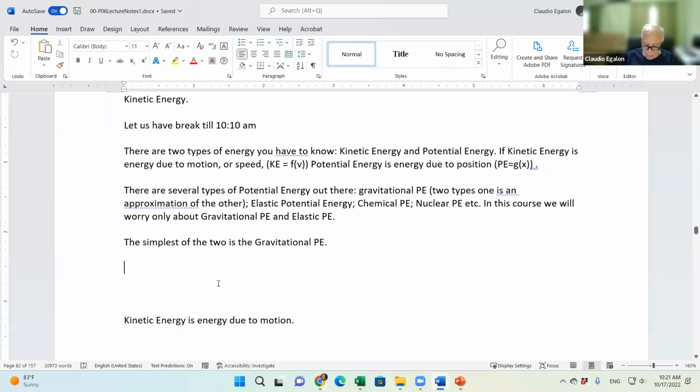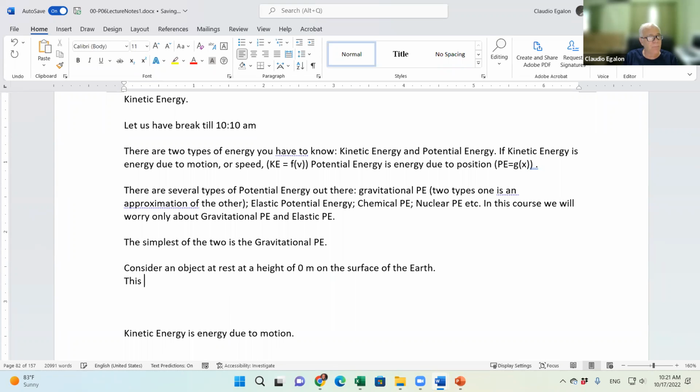Here you go. Consider an object at rest at a height of 0 meters on the surface of the Earth. Okay? This object is subjected to the force of gravity mg. Okay?